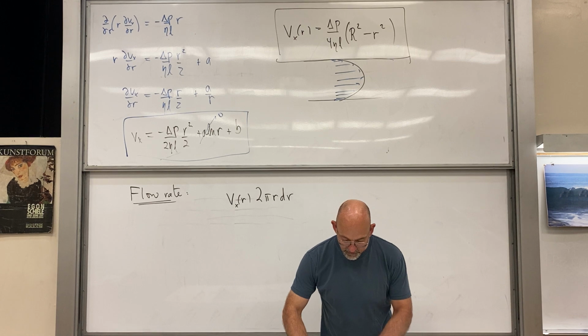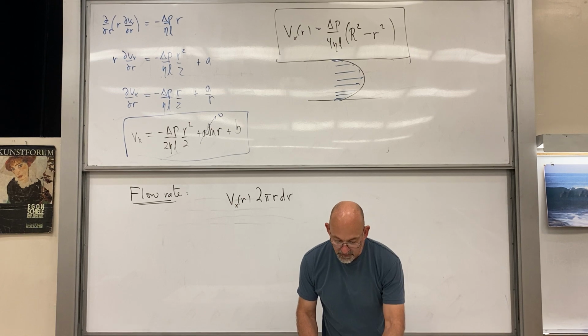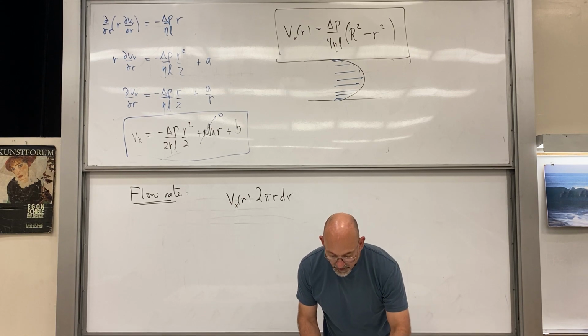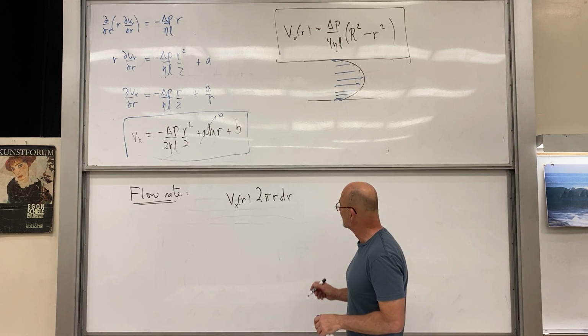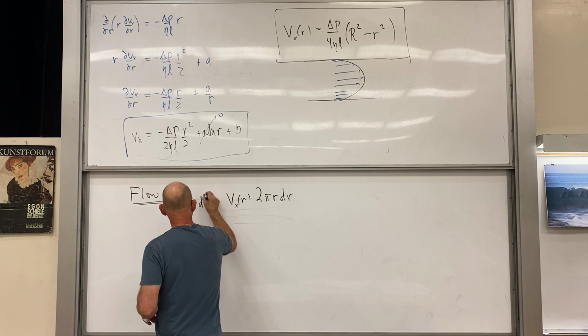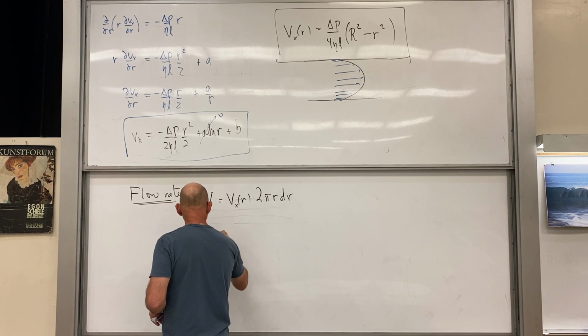Let's see where we're going with this. I think that's all we have on our plate right now. I see that, so this is d volume. And d mass, that's where we're headed.